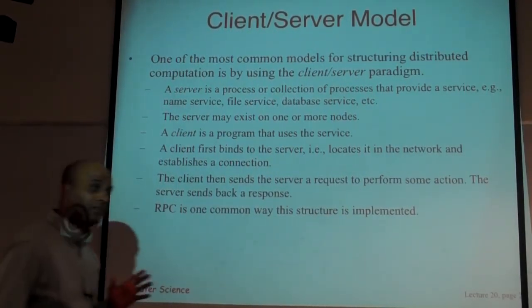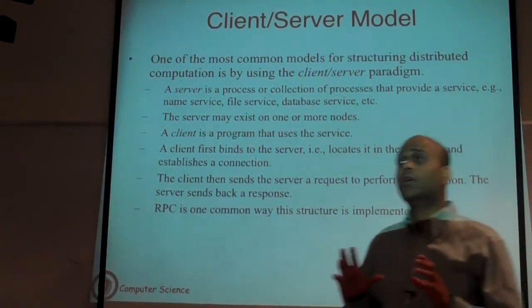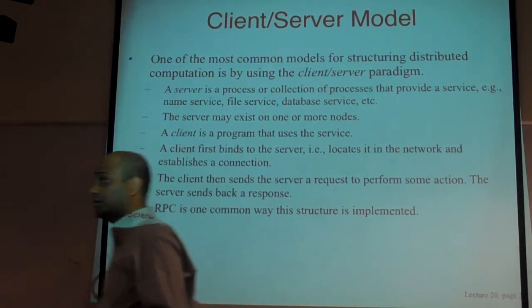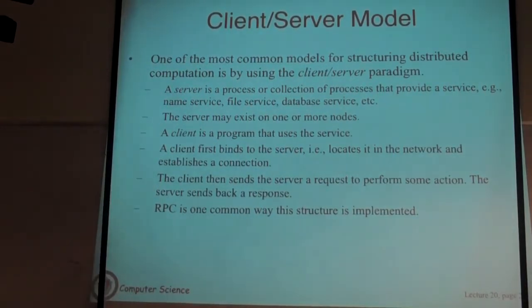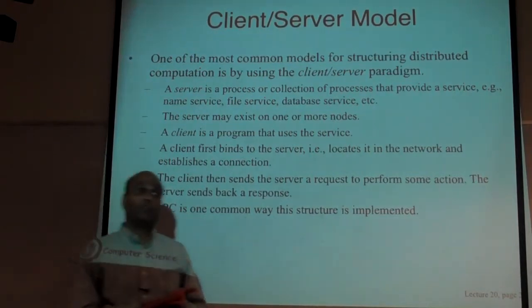As I mentioned, the client server model is a very popular model for designing distributed applications. In this model, your application functionality is split into two parts, a server part and a client part. The server part of your application provides a service, the client part makes requests of the service. A very popular model for building a variety of different applications.